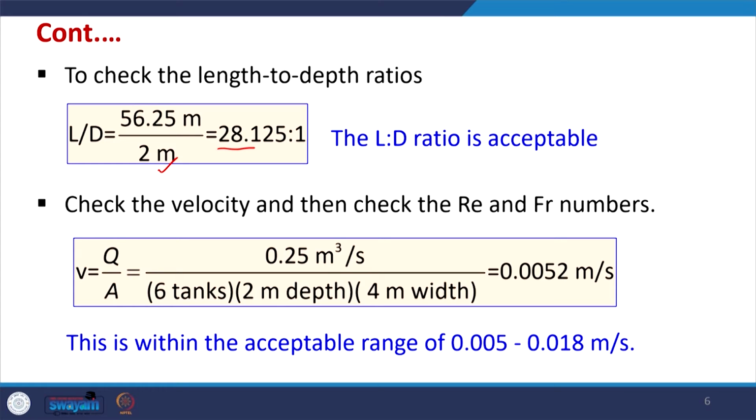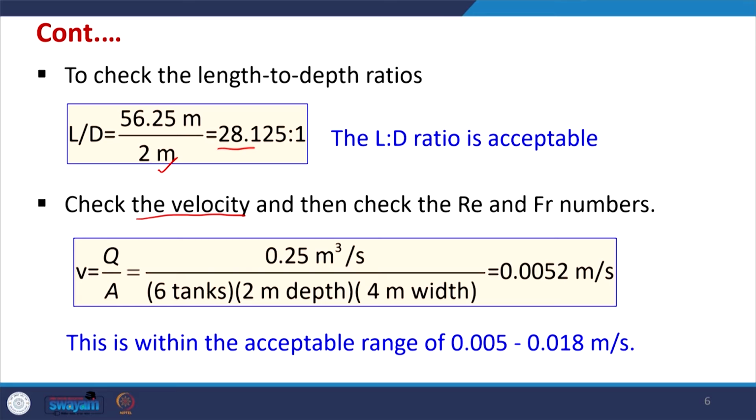Now, we go ahead and cross check what is the velocity that is occurring when we are taking these values. So, depth is known, width is known, length is known, area is known. Every parameter is now known to us.